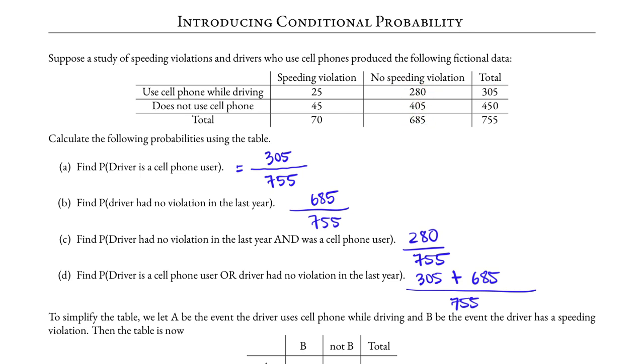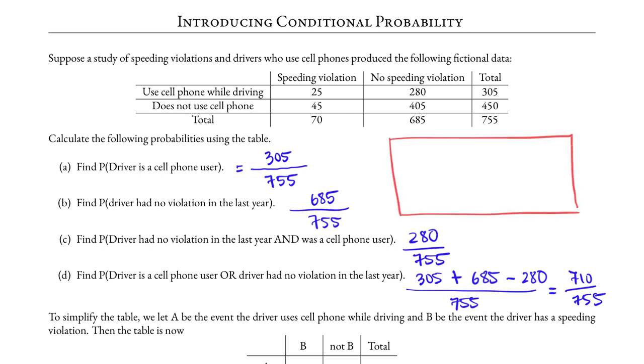We use 280 twice, and so we would need to subtract what we counted twice, 280. And the answer is 710 out of 755. We can use a Venn diagram to demonstrate this example.